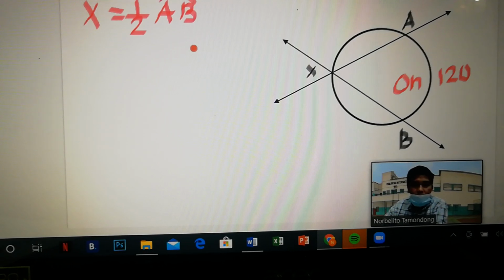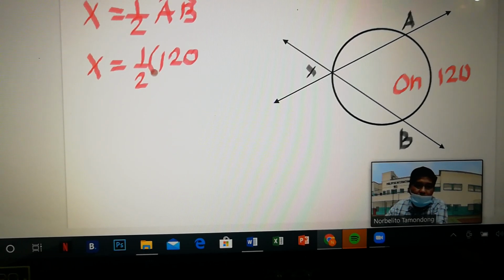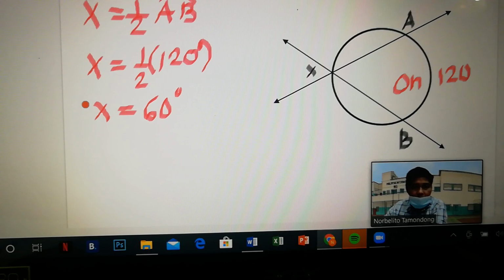So therefore, the measure of the angle formed intersecting on the circle is simply 1/2 of 120 degrees, which is equal to, what is half of 120? That is equal to 60 degrees. Okay, so angle X is equal to 60 degrees.